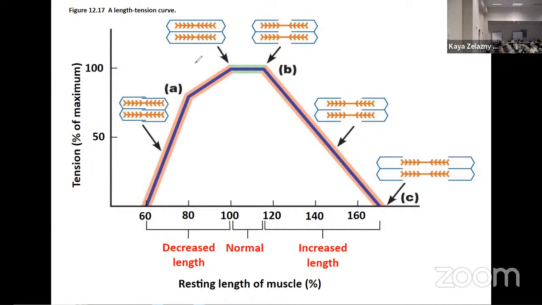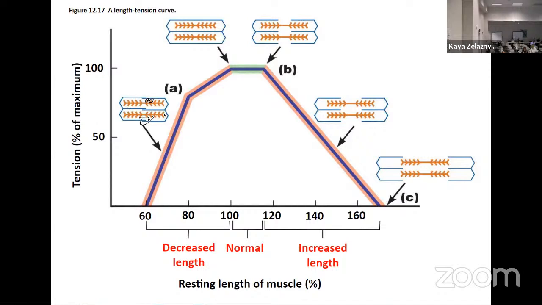So as you get too short, all right, we have actin next to the myosin heads, right? This isn't a problem. We've got something to grab onto. But now our thin filaments are starting to bump into each other, right? You just don't have the space to pull. There's nowhere for this stuff to go, right? Your I band is basically gone. You have the thin filaments from either side bumping into each other, right?